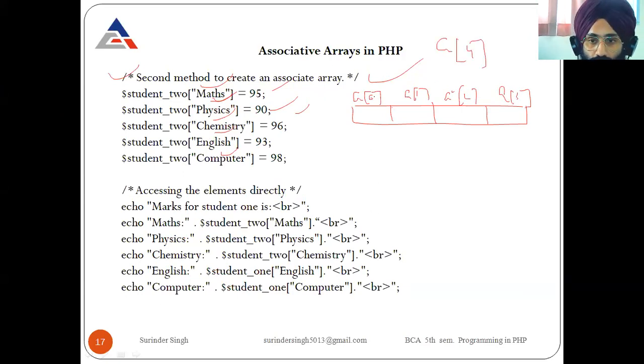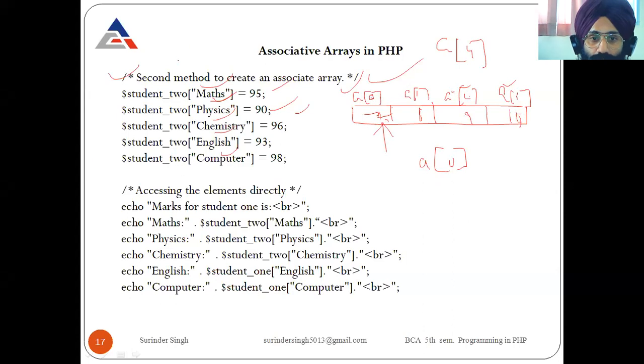Clear? 0, 1, 2, and 3. In this we have the values 7, 8, 9, and 10. If you want to access or print the first element of the array, how can you refer to this 7? You have to write A0. Clear?